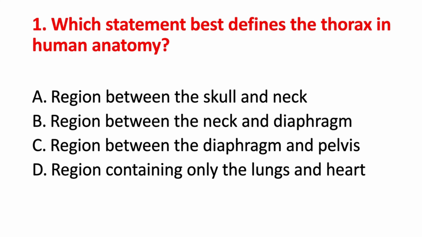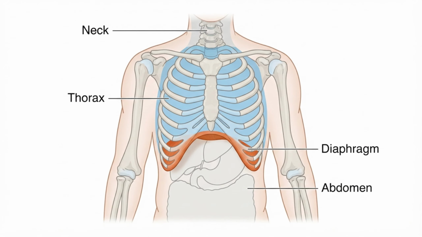Okay, so the correct answer is B, the region between the neck and diaphragm. The thoracic region is the anatomical region located between the neck and the diaphragm inferiorly. Looking at the diagram, the highlighted area in sky blue represents the thoracic region.